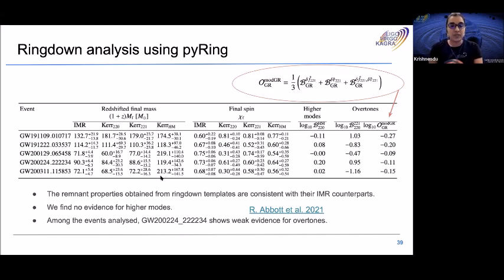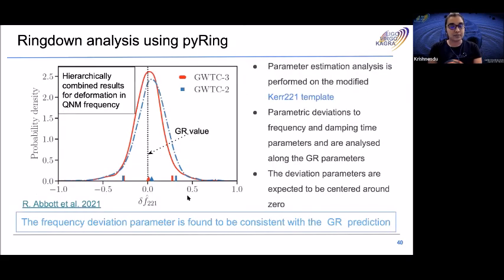Also, we don't find any evidence for higher modes, as the Bayes factors are not very significant. And as you can see, we see very little significance for the presence of overtones in the data. Moving on to the next slide.